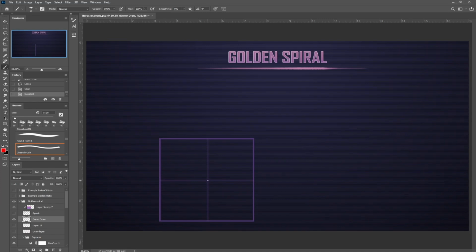If we draw a point here in the middle, and then we draw another point about on this inner third. So again, if we third section this square, we draw a line on here, we draw a line on this third, and then we draw a curve.